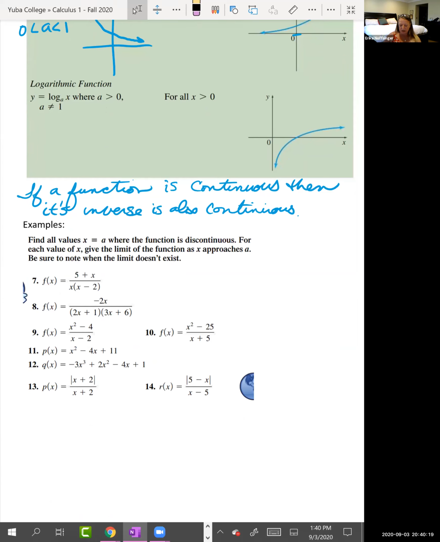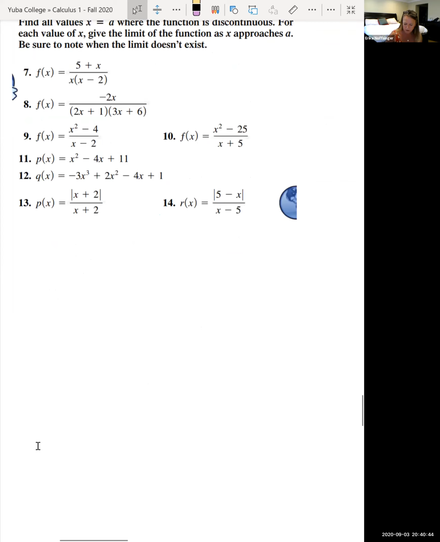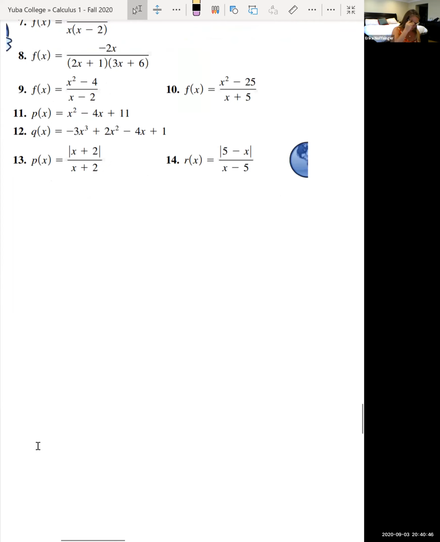Okay, so let's look at the following and find where the function is discontinuous. I'm going to grab one from your book because they're maybe a little more difficult. It says apply the continuity test.